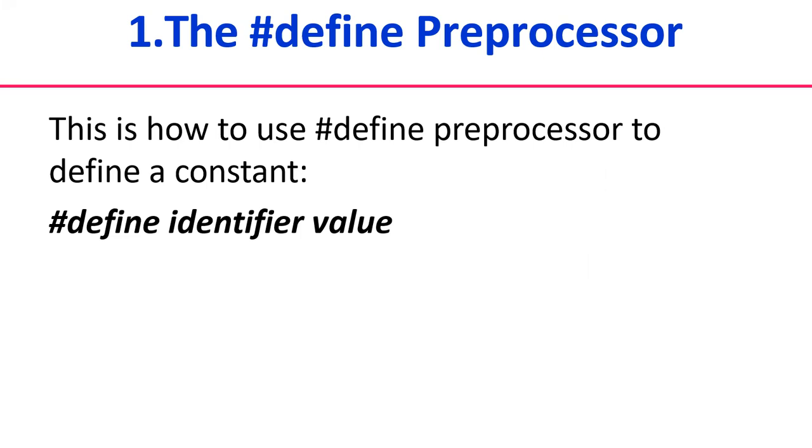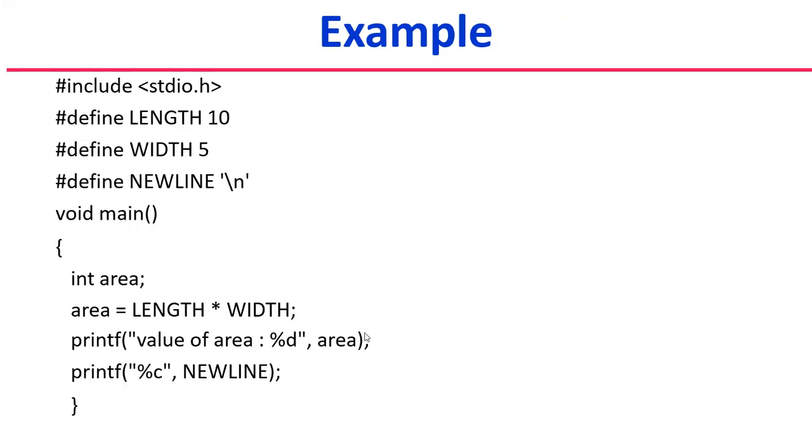Let us dive into the first method, that is how we can define a constant using the #define preprocessor. The syntax to define a preprocessor through #define is #define identifier value.